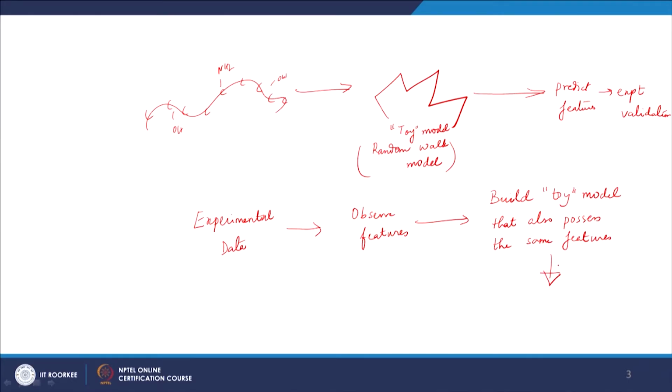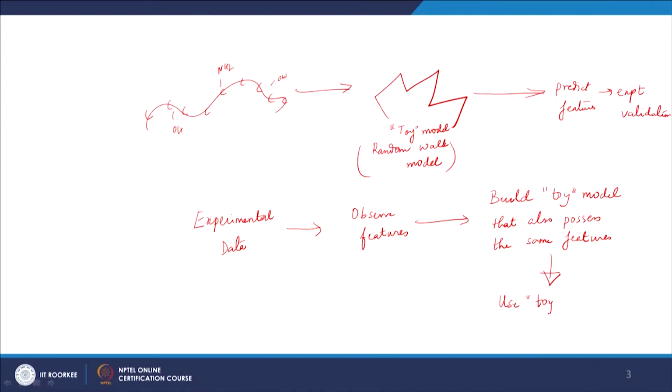In that case it is more like a fitting kind of exercise, where all we need is the model should give you the same value of the quantity or the same kind of scaling of the quantity that we see in experiments. But then the advantage is that we hope for the most part that whether the TWI model I get from the first approach or the second approach will also work for other types of systems.